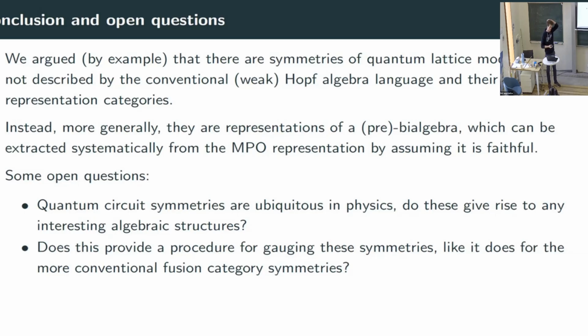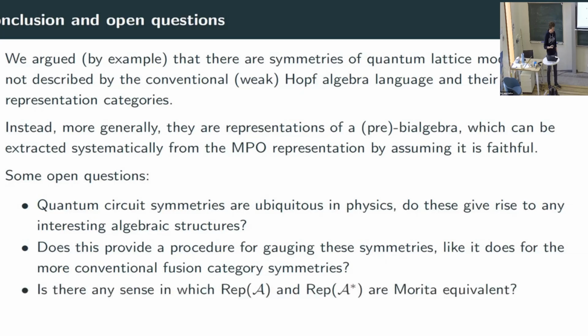Normally gauging would require that you find some symmetric Frobenius algebra in your category and insert some configuration, like some minimal triangulation, in terms of those topological defect lines. That would be the gauged or the orbifold theory. However, with this kind of construction, you can act with some module filter from one module category to another and implement the gauging that way. That's something you can still do in these cases. So there are some questions there.